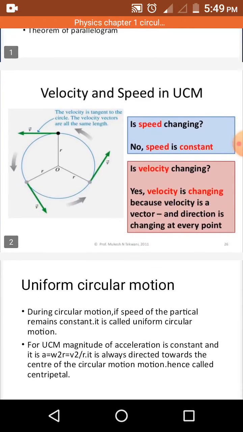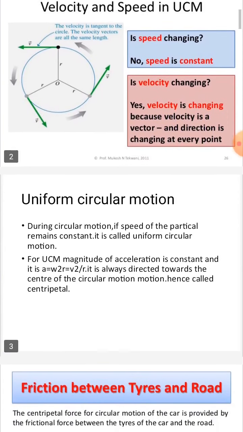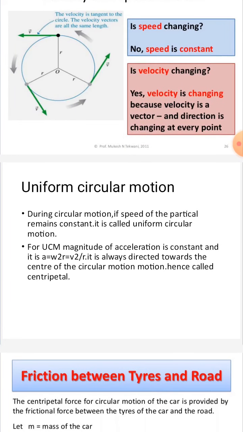So, uniform circular motion, we discussed this already in the previous standard. During circular motion, if the speed of the particle remains constant, then that circular motion is called uniform circular motion.